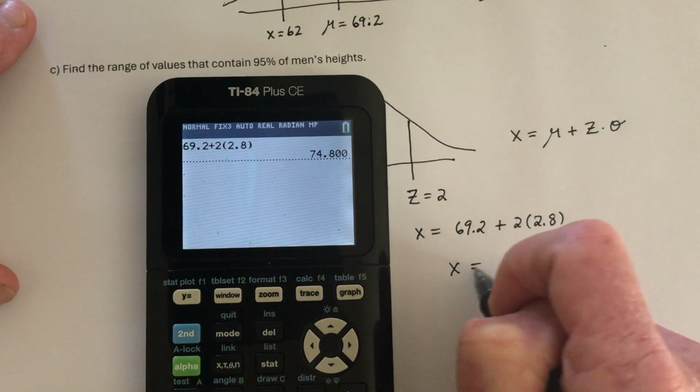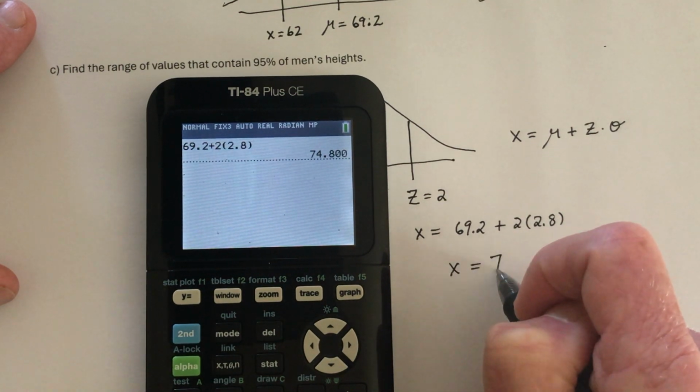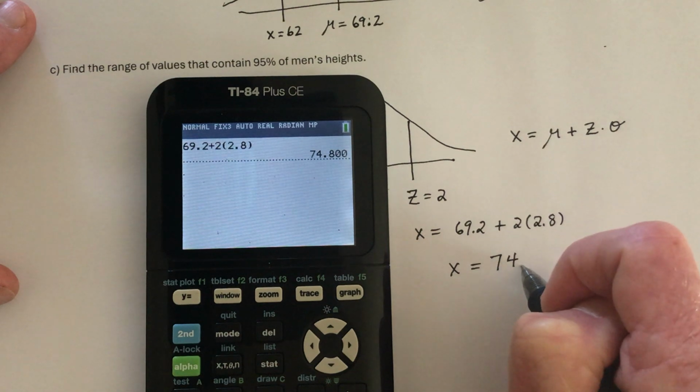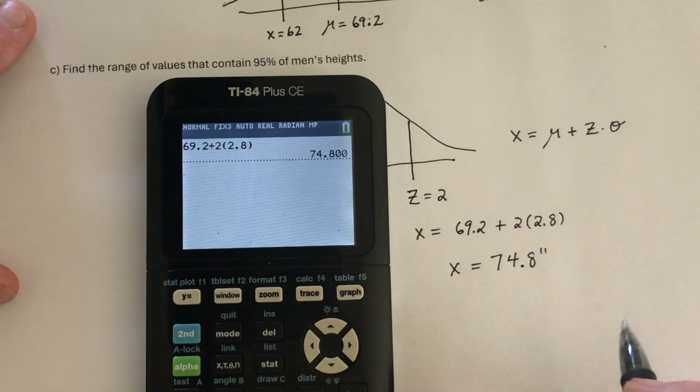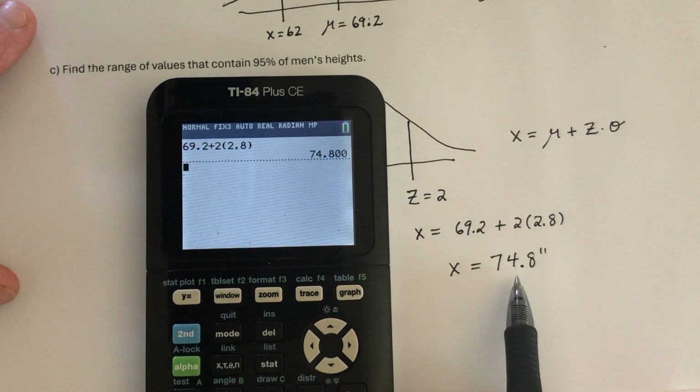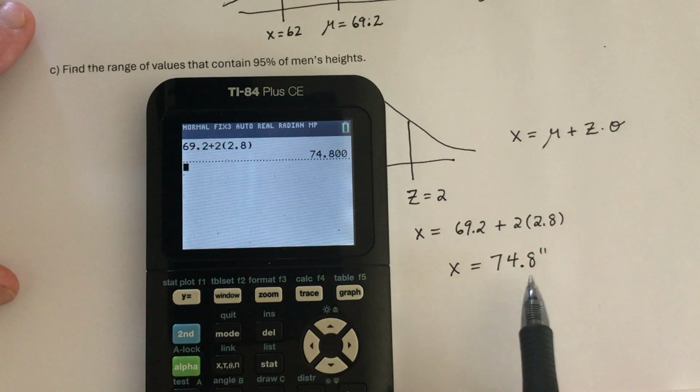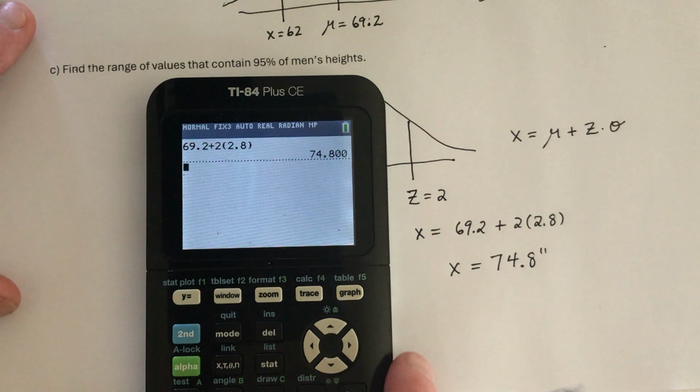So that means that if a man in the United States is taller than 74.8 inches, which is almost 6'3", 6'2.8", that would be unusually tall.